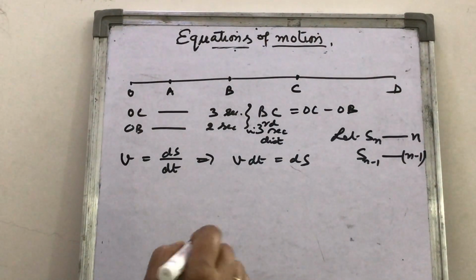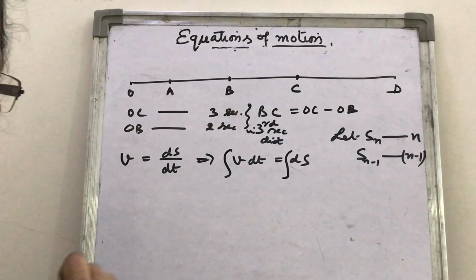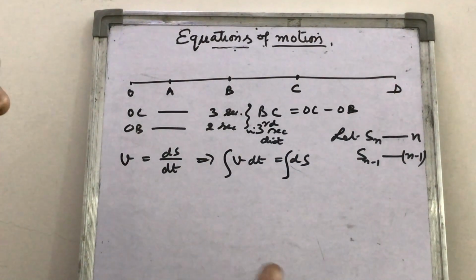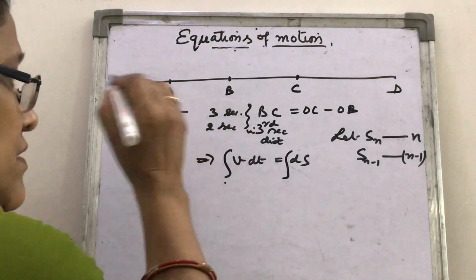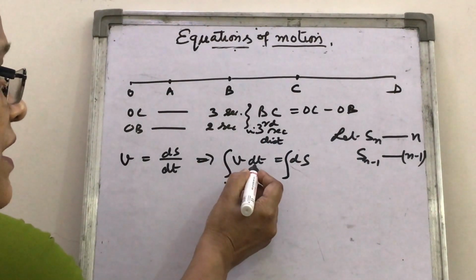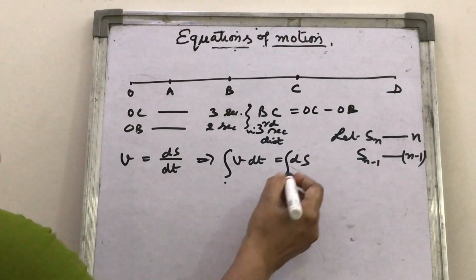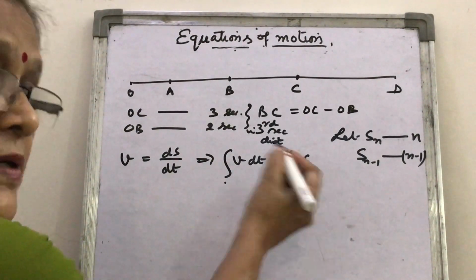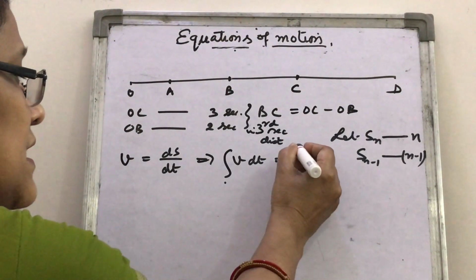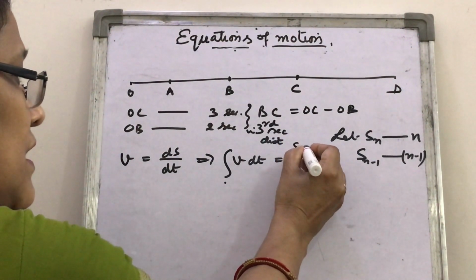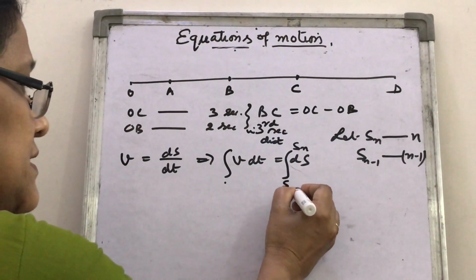Then what you have to do here is integrate both sides with proper limits. You know, initial velocity is u and final velocity is v, but we are here differentiating with respect to time, dt. Then for ds, the limits are the distance covered in n seconds, that is Sn, and in n minus 1 seconds, that is Sn minus 1.